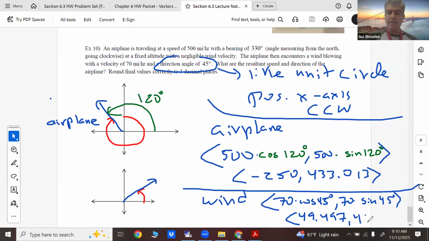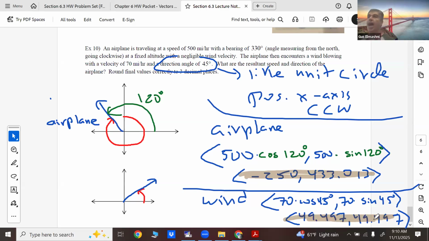And 49.497. Okay, so you got this vector. And you got this vector.